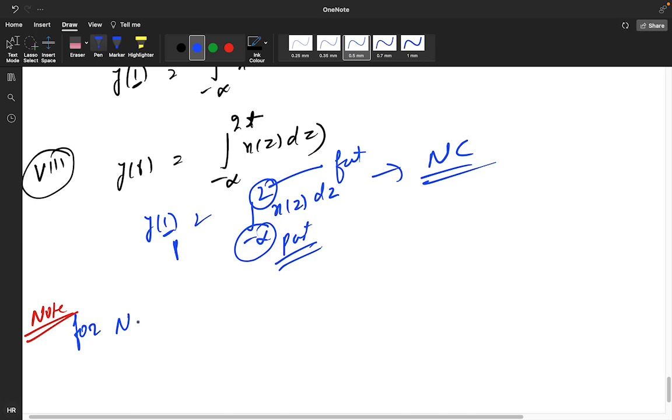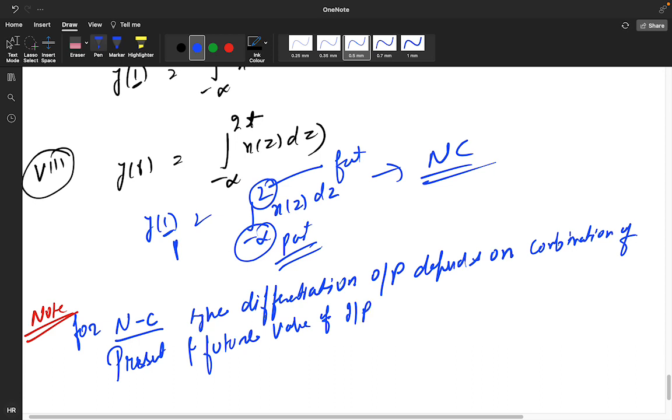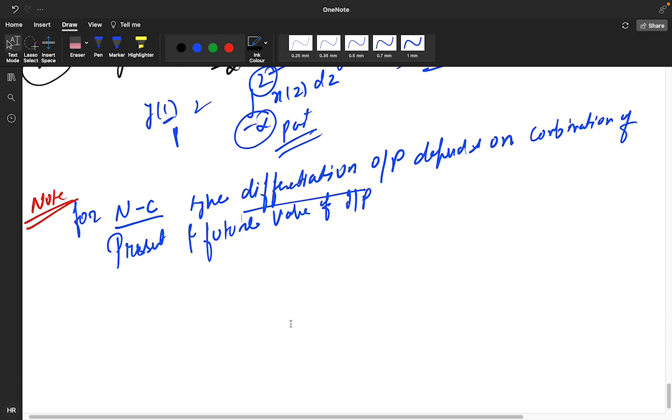If anyone is talking about differentiation, differentiation is non-causal because a future value is coming.